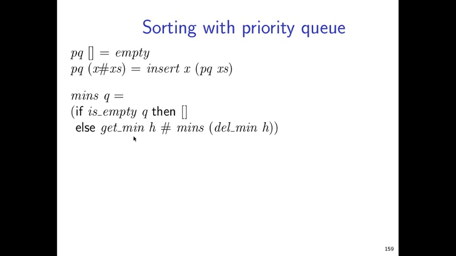So the complexity of this thing is n log n, as is for heap sort. And here for our naive functional heap sort, or however you would call it, we build the heap by inserting n elements, each requiring log n time in the worst case.